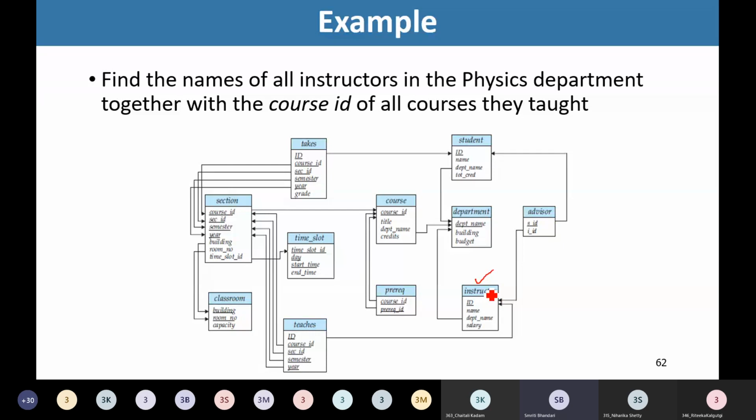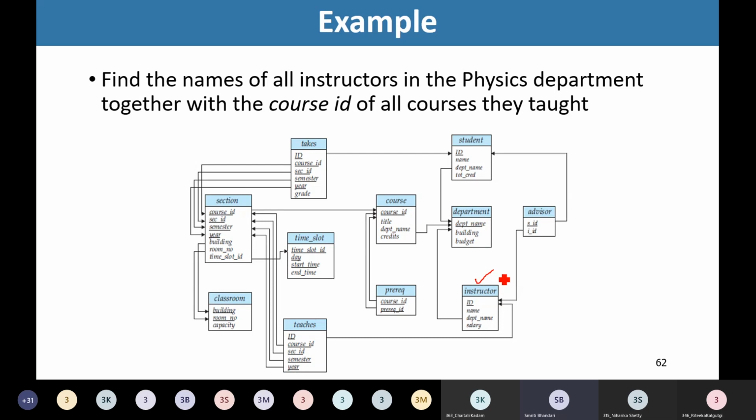We want to find out the courses taught by the instructors in the physics department, so we want the department name also. In the instructor table, we have the name of the instructor as well as the department name of that instructor, so for department name we are going to make use of the same instructor table.